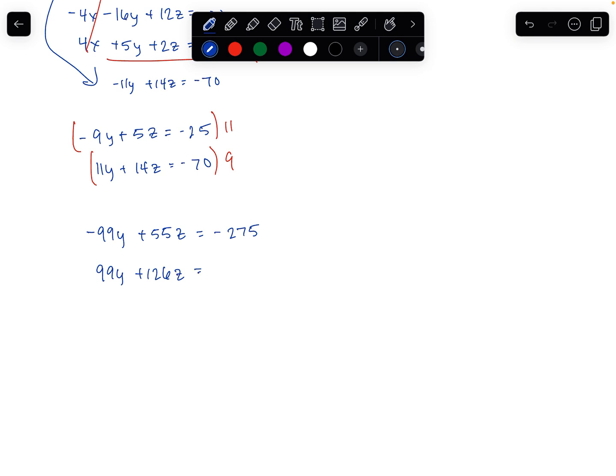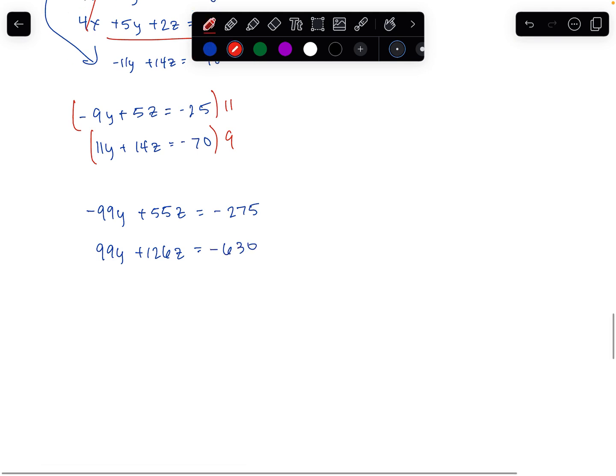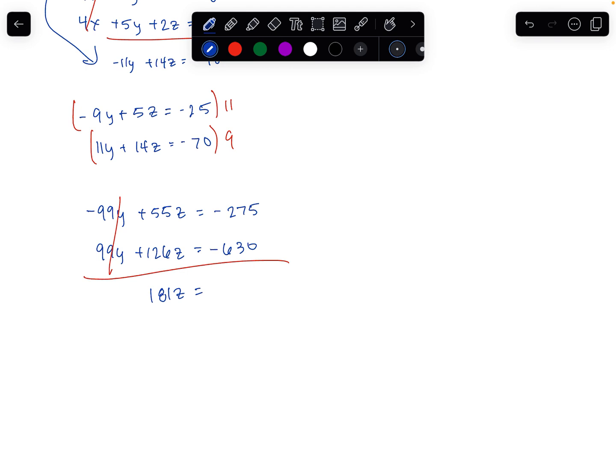That's 63, so negative 630. Let's add these together. Those cancel, and 55 plus 126. Okay, I get 181z. This is kind of getting scary. These numbers are big. I don't like that. 630 and 275.